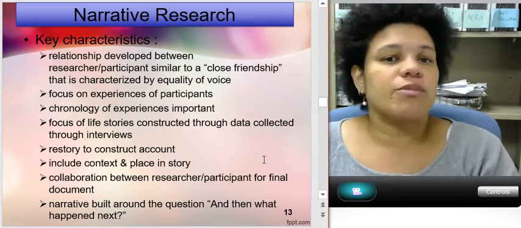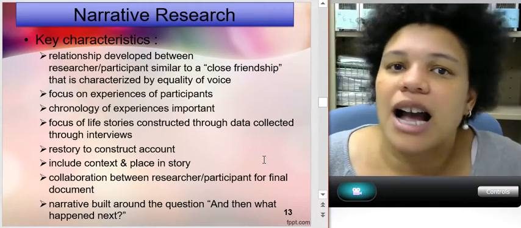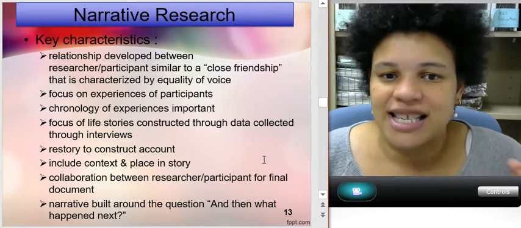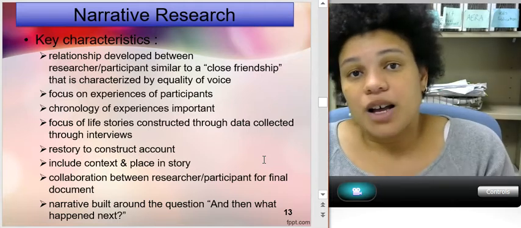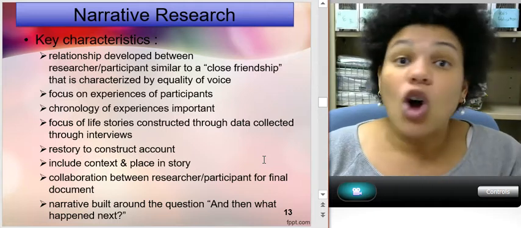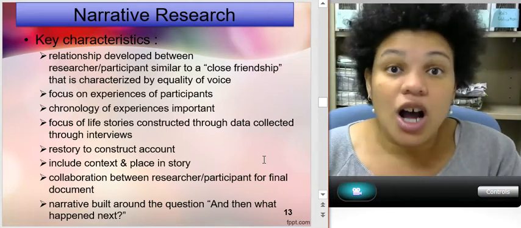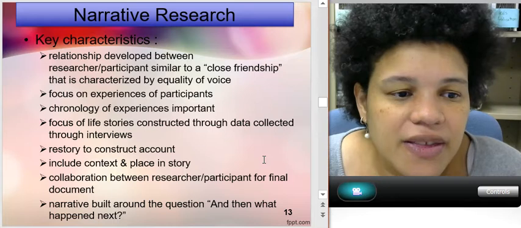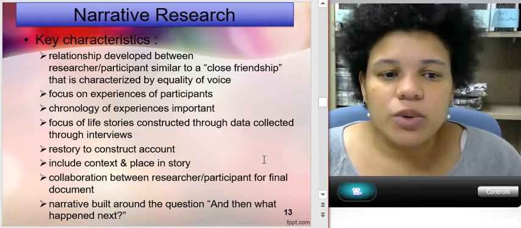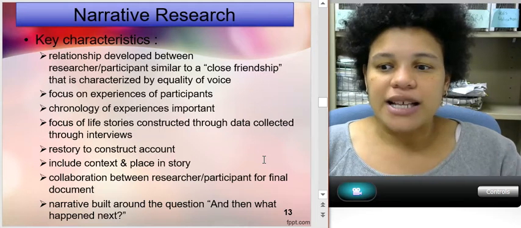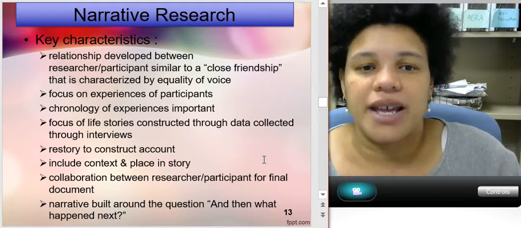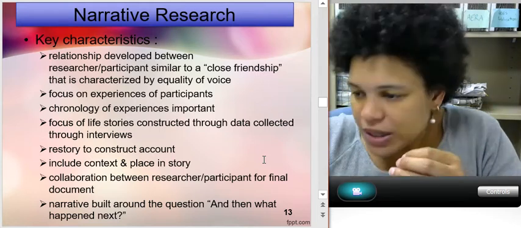So the researcher may say, hey, this is what I wrote. Is there stuff missing? Is there stuff that I got wrong? Let's talk about this. And the narrative is built around the question, and then what happened next. And that's how we discover how things happen, by knowing the sequence of events.